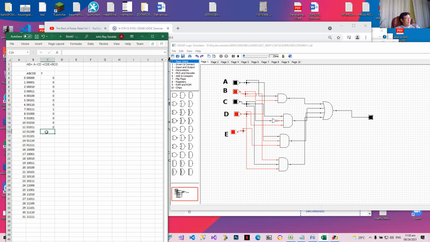At unless you're making a mistake, no? 1, 0, 0. It's still a 0. 1, 0, 1 is a 0. Okay. 1, 1, 0. So this is a 1. Another 1. 1, 1, 1, 0. And then 1, 1, 1, 1. That's a 1.